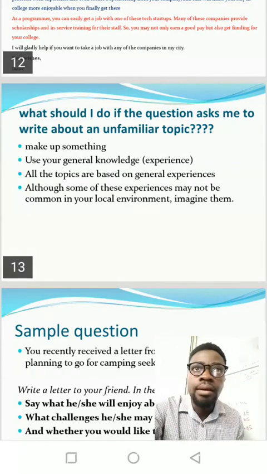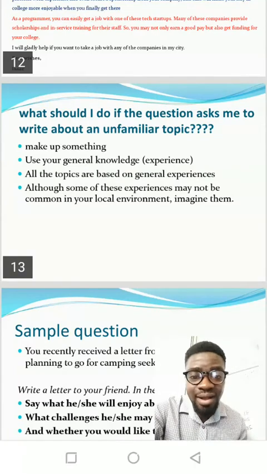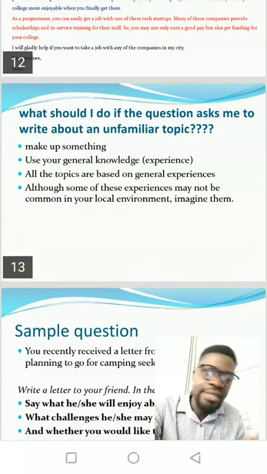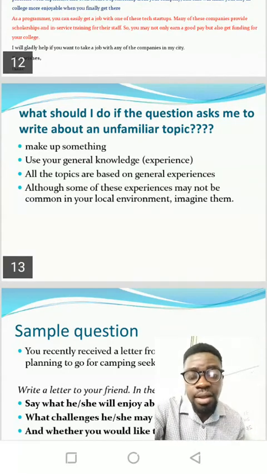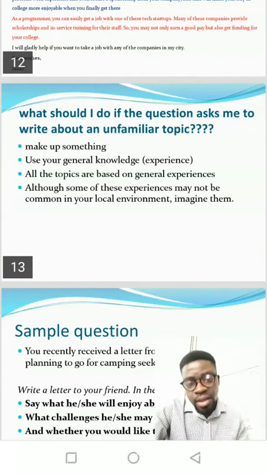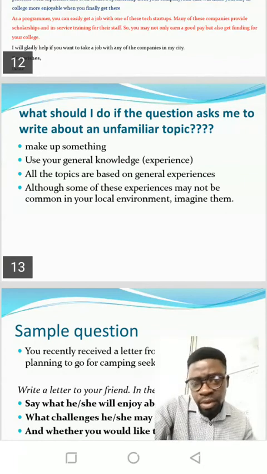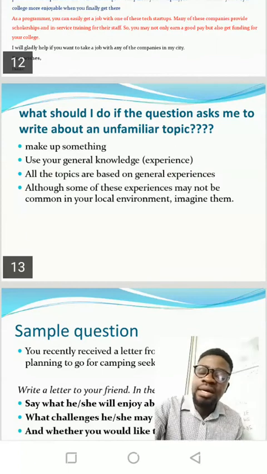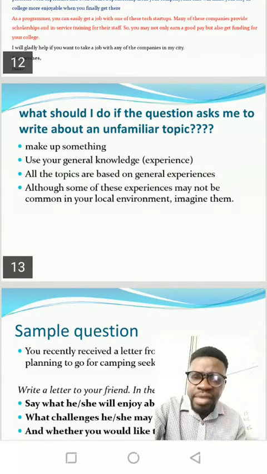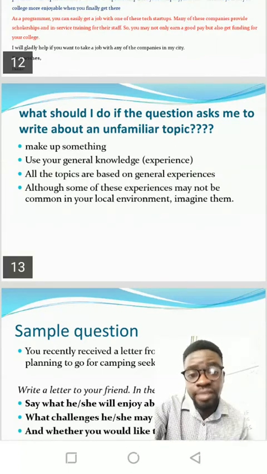Let's say you're in Nigeria and you're asked to write a letter to advise a friend on how to prepare for winter. That is something a bit strange. We don't have winter in our country. In Nigeria, as a society, and as people, we don't experience winter. So if you have to write about winter and you've not experienced that yourself, it might be a bit difficult.